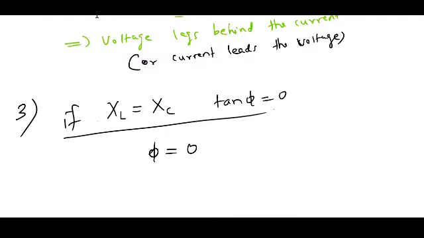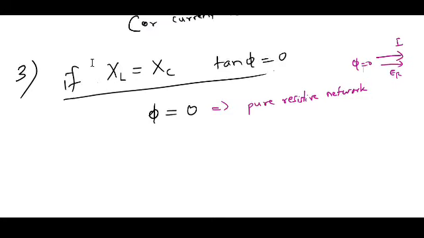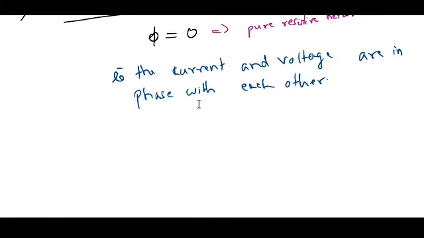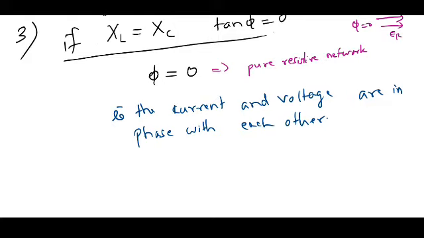That is the case of a pure resistive network, where we have seen that the current and voltage are in the same direction. No phase difference between the current and voltage. No one is lagging or leading, all are in the same phase. The current and the voltage are in phase with each other.